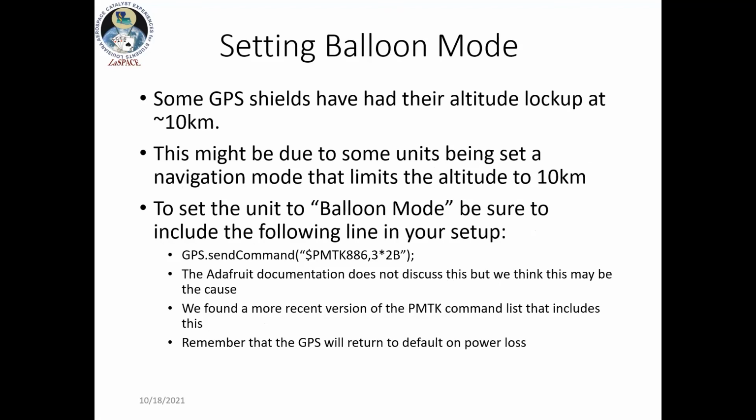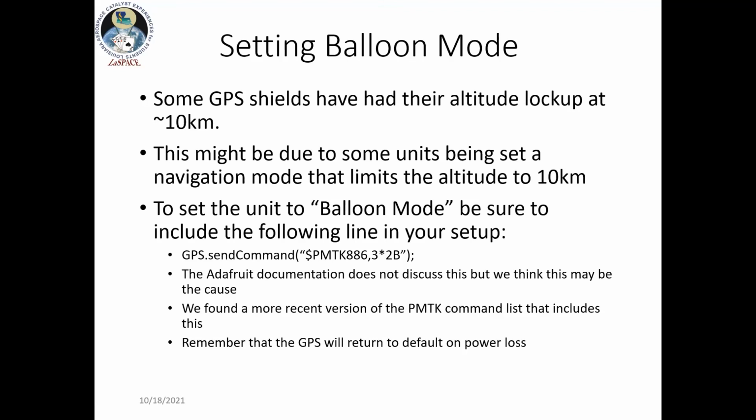One particular thing that we have run into flying these GPS units, and this is somewhat still a mystery to us here, is we've had some of these GPS shields basically cap out at an altitude around 10,000 feet.